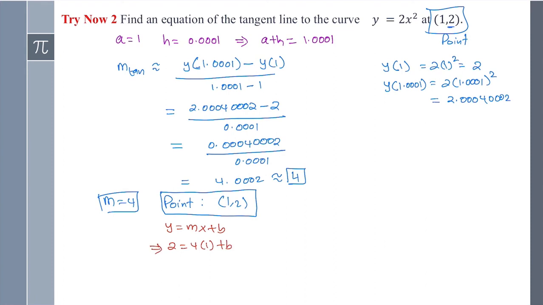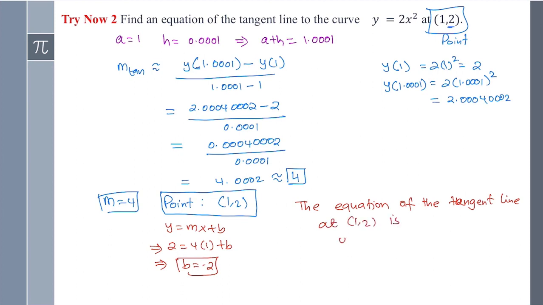Now if you solve for b from here, you get b equals negative 2. So that means the equation of the tangent line at 1, 2 is y equals mx, which is 4x, plus b, which is minus 2.